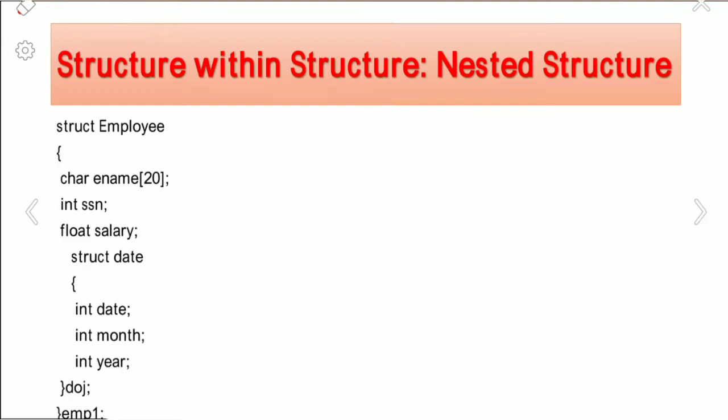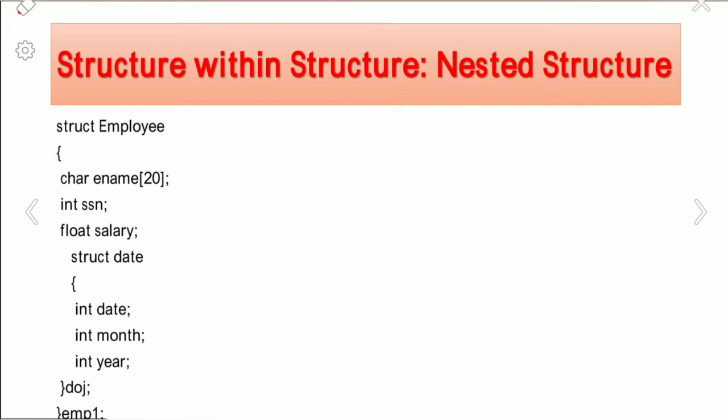That's why we can write the date of joining as the struct keyword followed by date and its attributes, that is date, month, and year. We are declaring a variable DOJ, that is the date of joining. Date of joining is a data member of the employee which can again be classified into a number of data members.